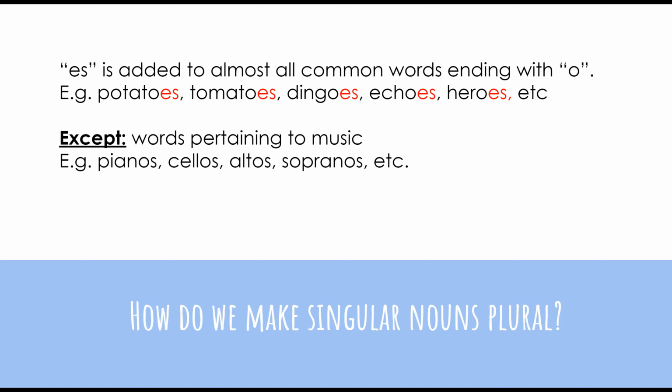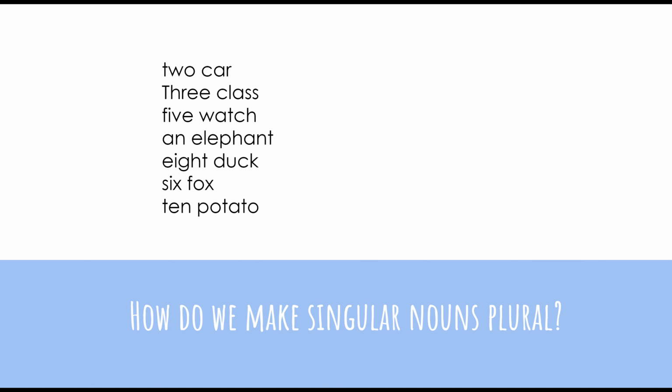Some examples of this are potatoes, tomatoes, dingoes, echoes, and heroes. An exception to this rule is words pertaining to music, so pianos, cellos, altos, and sopranos. For these words, we are simply adding S onto the end to make it plural.